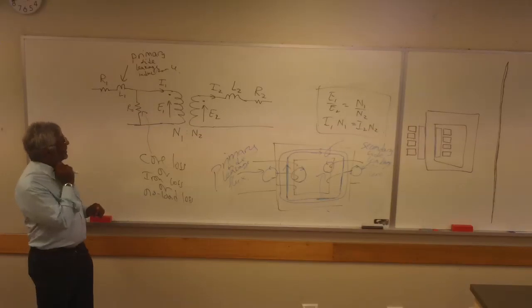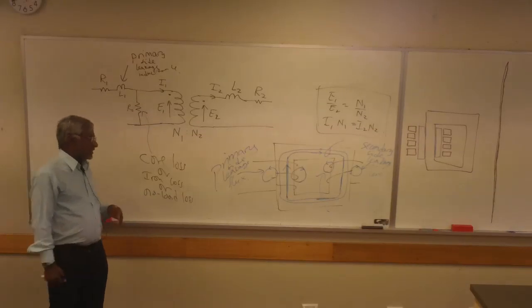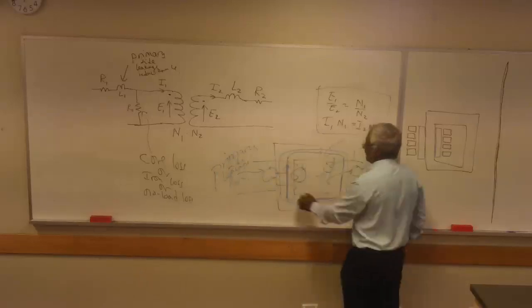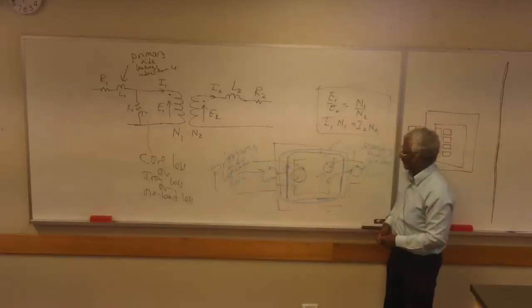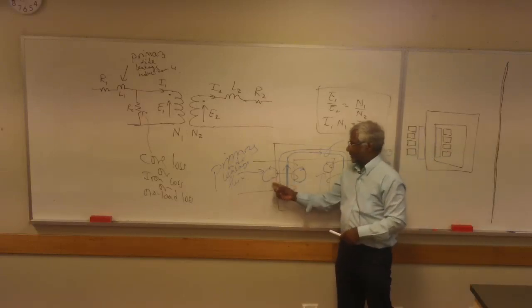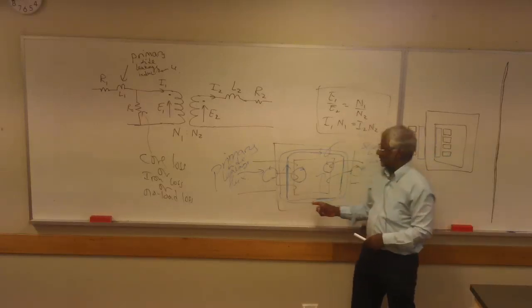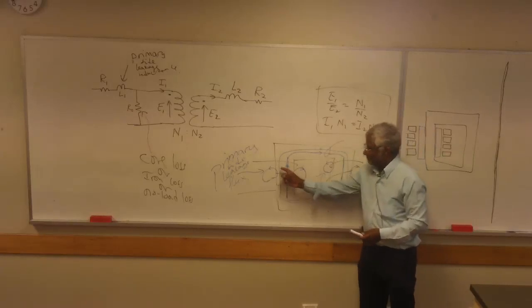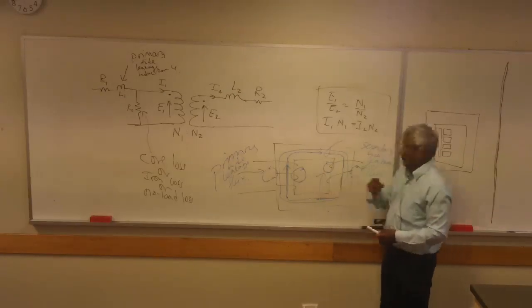Now, when we talk about leakage, I said to you, it's easier to show this with this kind of transformer, which we normally don't build. This one here shows clearly primary side leakage and secondary side leakage.